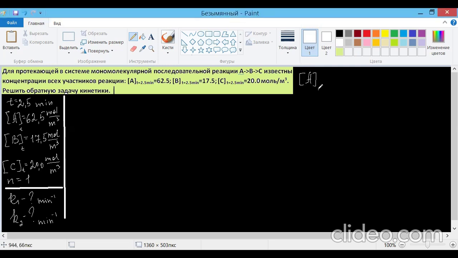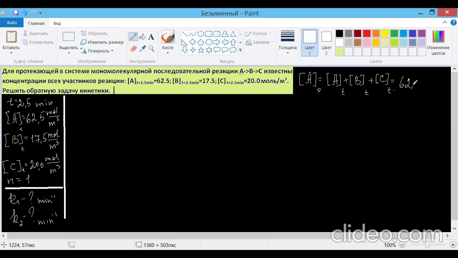At any moment t, the initial concentration equals the sum of the concentration of the reagent at a moment t plus that of intermediate B plus that of product C. Okay, we've got all these three values, which means that we can calculate the magnitude of the initial concentration of the reagent A. Let's do that.